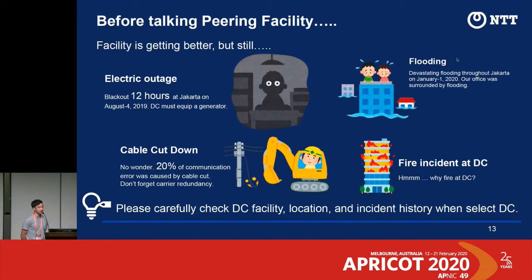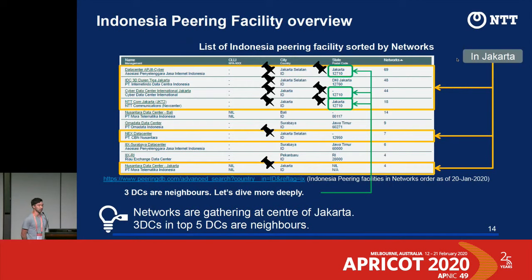A country of 240 million people, and the capital got an electric outage for 12 hours. So the point is, when you select a peering facility in Indonesia, please carefully select the facility level, location, and incident history. This is advice.